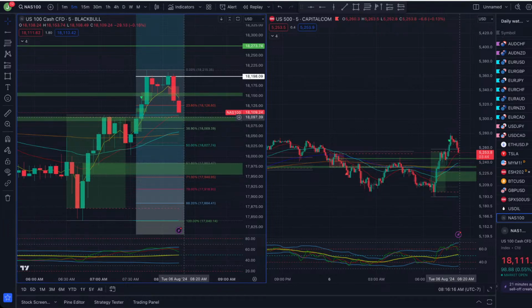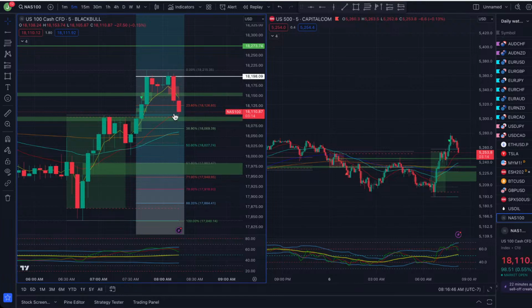Now we want to see what happens here. We're hitting a lot of key zones right now.